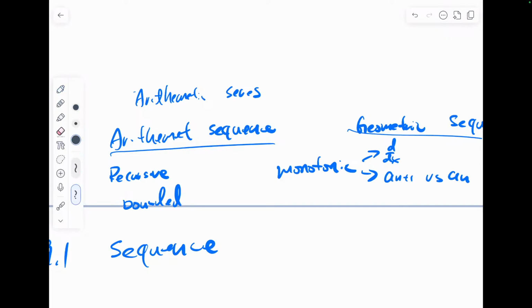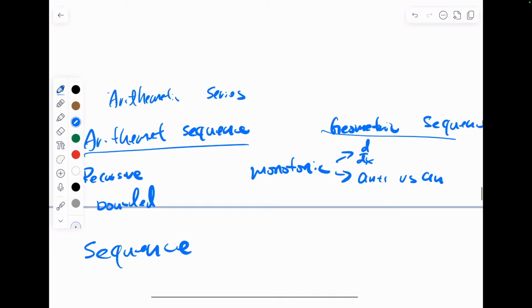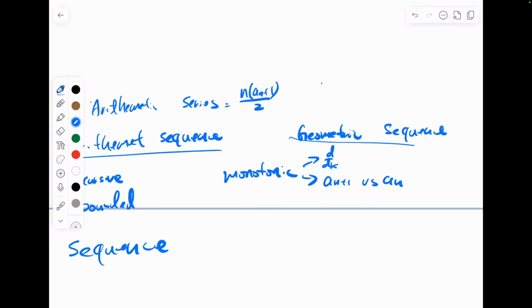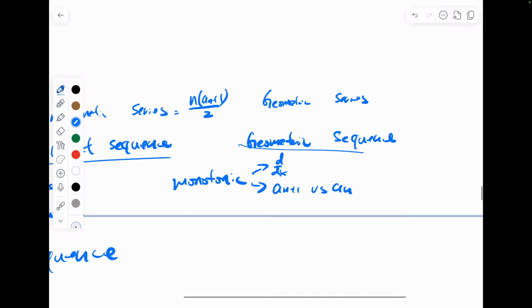Do you remember what the arithmetic series equation is? N times a1 plus an over 2, right? Remember that? And we'll also give you a geometric series. What's the geometric series formula?